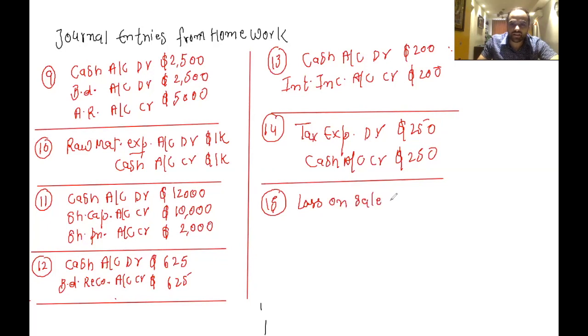So loss on sale of equipment account debit, and equipment account credit, 1,000. Yes, 1,000.